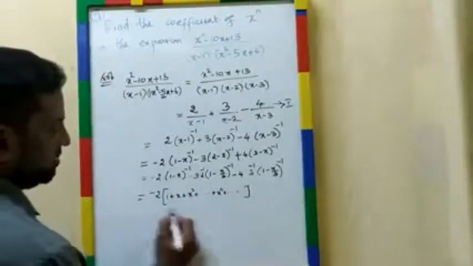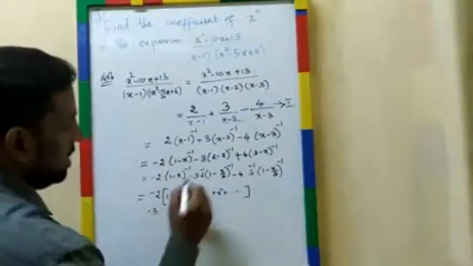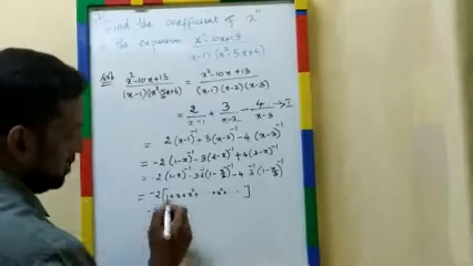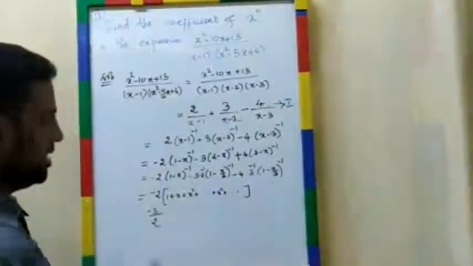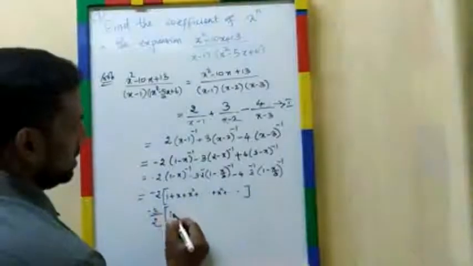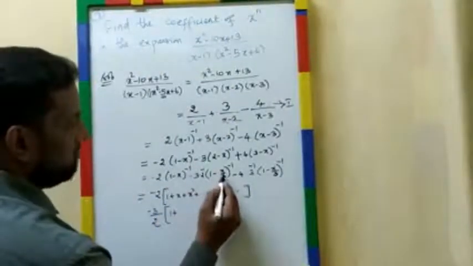For the second term, minus 3, 2 inverse may be written as you bring 2 power minus 1 to the denominator, 3 by 2. Here instead of x we have x by 2.